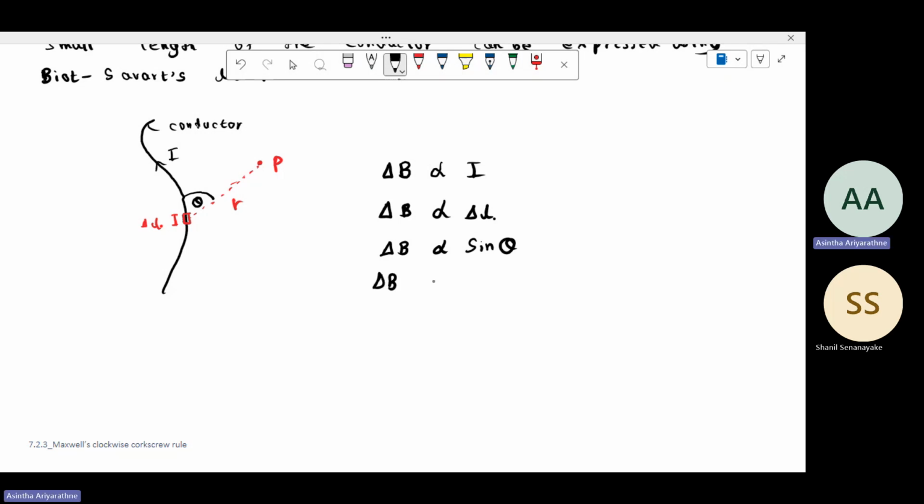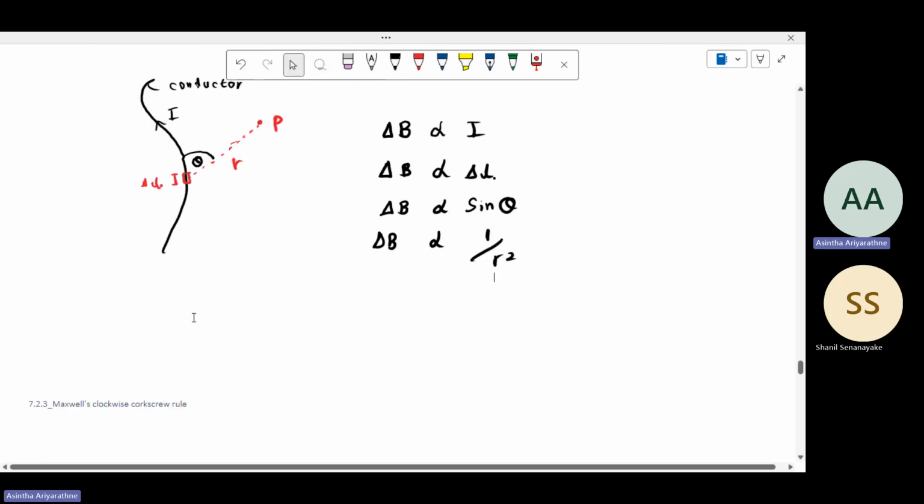And it is found to be inversely proportional to R square. That is obvious; normally in other field sections as well, it was inversely proportional to R square.